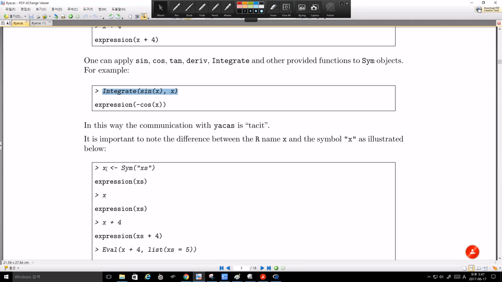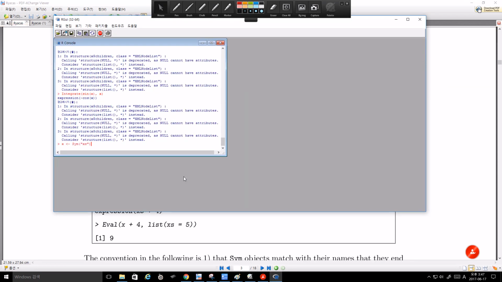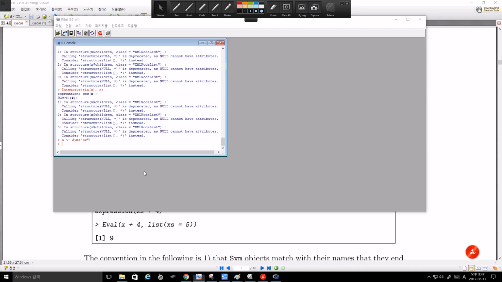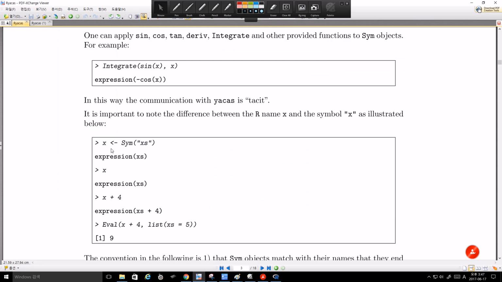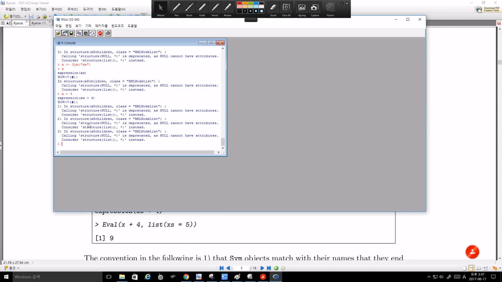We can also do x as a simple symbol xs. We type symbol xs, and then we type x, and it is the expression xs, because we changed x as the symbol xs. And this plus 4 should be xs plus 4, because x is now xs.